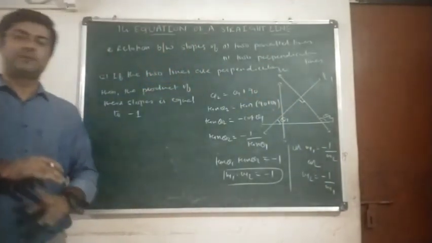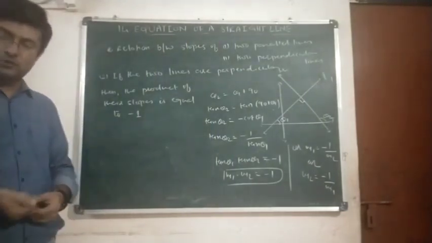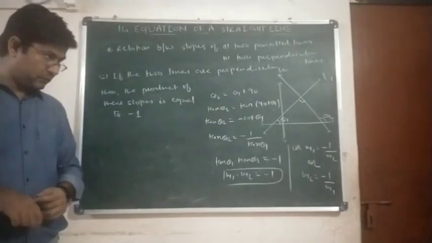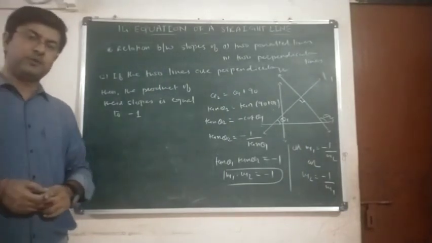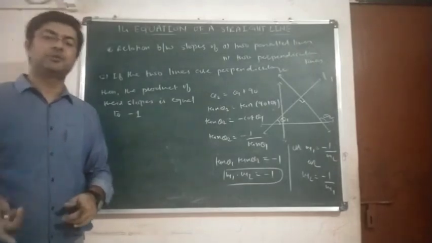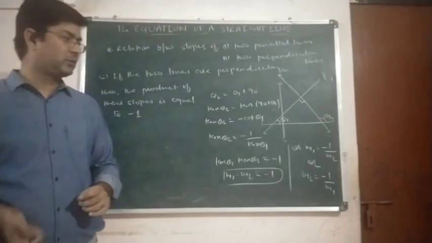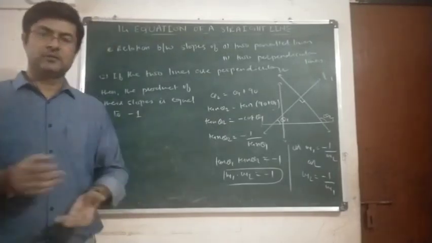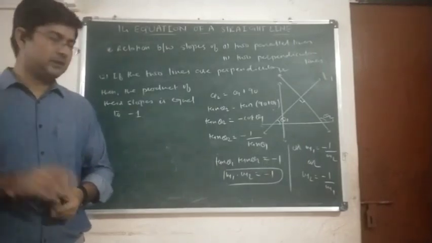In case of two perpendicular lines, if one slope is given, you can easily find the slope of the other line. Suppose the slope of one line is 1 by 2, then the slope of a line perpendicular to the given line will be minus 2, the negative reciprocal. You just have to take the negative reciprocal of the given value. Clear? So you will get the slope of the perpendicular line.